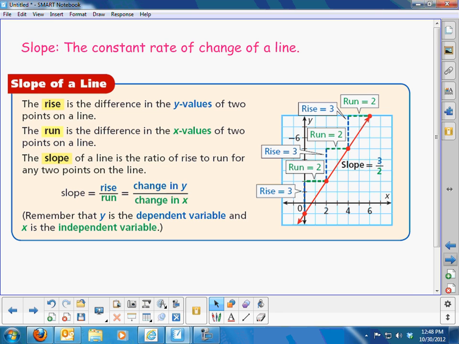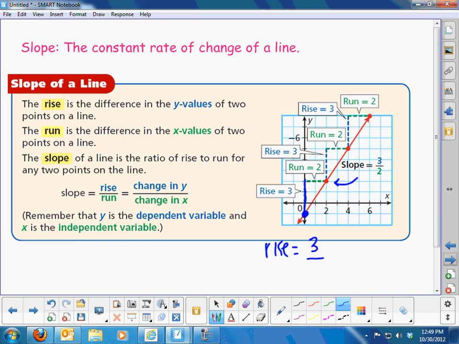So I'm going to start by looking at this point right here that I just made blue. And I want to find how much do I rise to get from this blue point to my next point, which is right there. So I'm going to count. I rise up 1, 2, 3. So my rise is equal to 3.